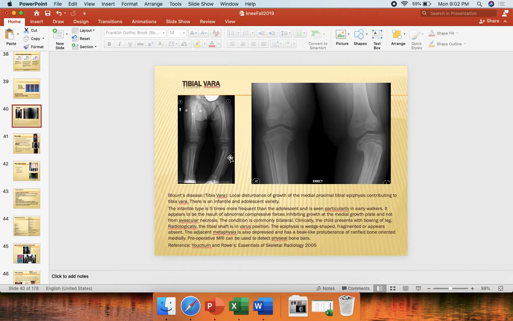Maybe you even have normal growth on the lateral side of the tibia, but again, disrupted growth on the medial side. So if you think about what's going to happen there, you're going to create an extended bone on the lateral side, which is then going to push it medially, if you can visualize that in your mind. So you're going to grow on this side, which will push that medially.